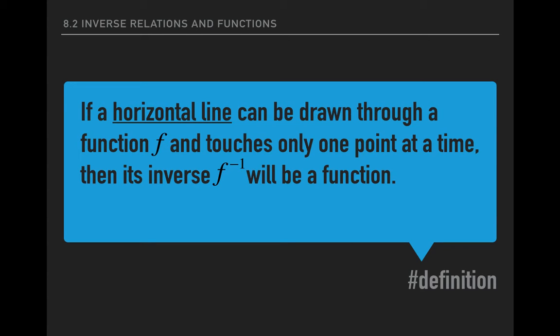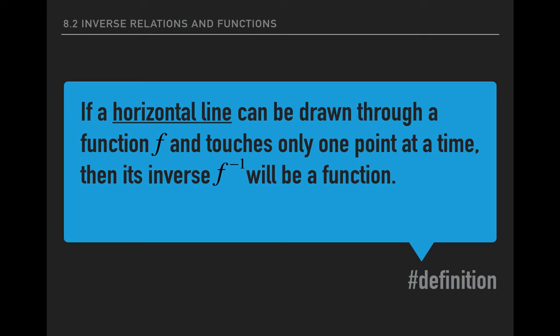All right, now let's talk a little bit about this. There's another test that we're going to study in this section. If a horizontal line can be drawn through the function f, and it touches only one point at a time, then its inverse, which would be called f to the -1, which you would read as just f inverse, will be a function.